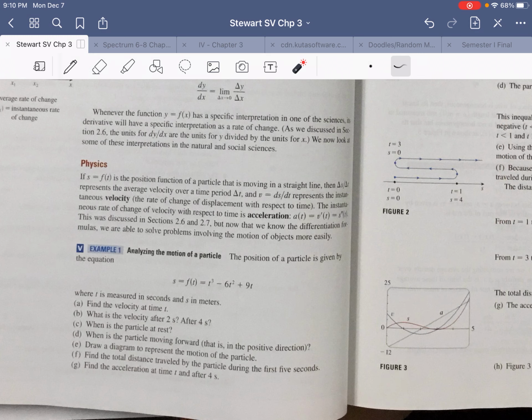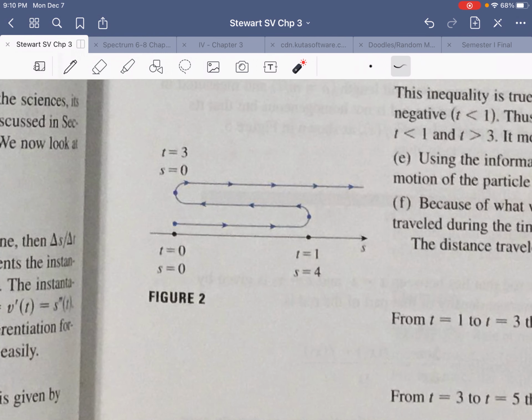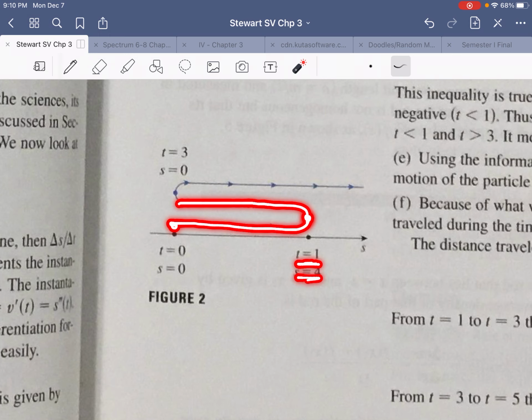If you know where a particle comes to a stop, so this one right here, I don't know exactly what the function is, but at time equals 0, it's starting at a position of 0, and then it's moving to the right, and then after 1 second, it comes to a stop at a position of 4, and then it turns around. And then after 3 seconds, it's all the way back at a position of 0, and it stops, and then it turns around again.